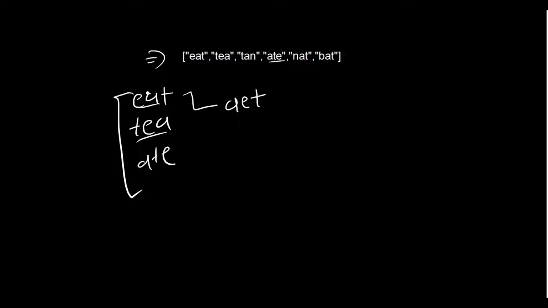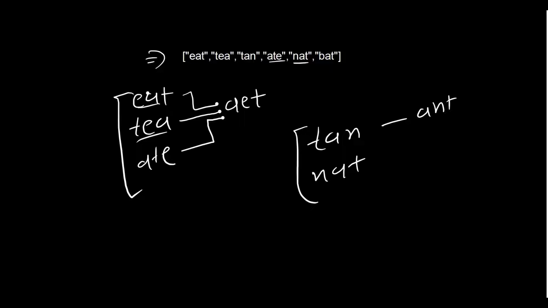After sorting, "tea" also will be "aet", and after sorting, "ate" also will be "aet". So you got the intuition. Similarly, if you try with "tan", after sorting it will be "ant", and if you pick "nat", after sorting this will also become "ant".